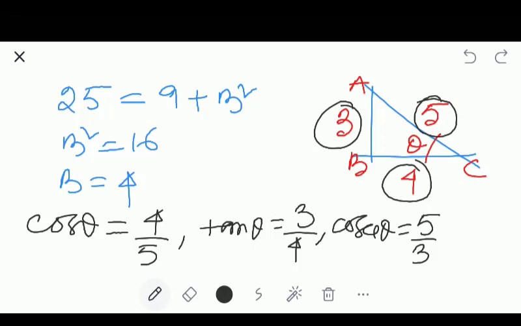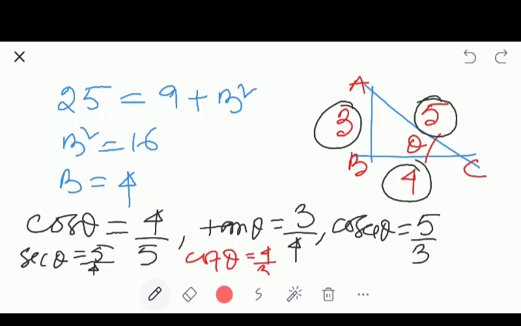What is the value of sec theta? Sec theta is the reverse ratio of cos theta, that is 5 by 4. Now what is the value of cot theta? Cot theta is the reverse ratio of tan theta, that is 4 by 3. That's all. In this way you can solve a sum.